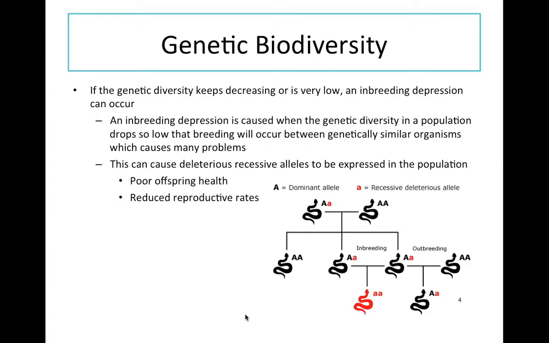So this image here is fantastic because if you take a look, you've got a dominant allele, you've got a recessive allele. And now the recessive allele, of course, you need two copies for it to be expressed. So it's not actually expressed here. So they go on and have offspring, and again, it's still not expressed. You don't have two recessive alleles.